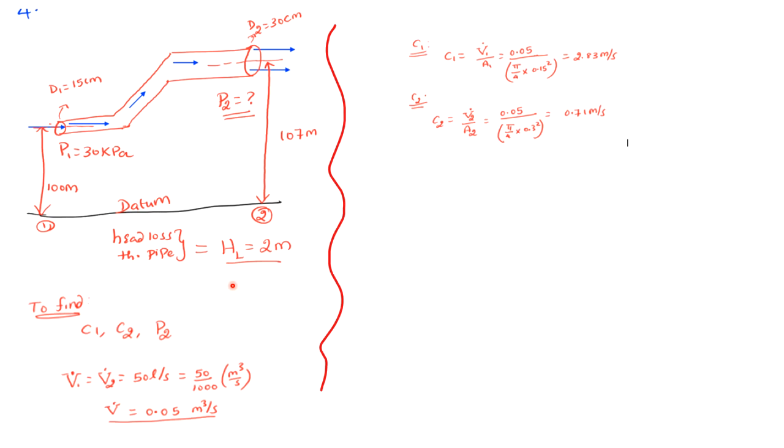Now think of this. The velocity 1 is 2.83 meters per second, and this is a smaller cross-sectional area, and the water is also flowing up, so it's losing some energy as well. What do you think the velocity at section 2 will be, greater than 2.83 or less than 2.83?